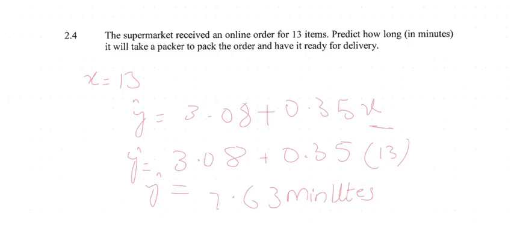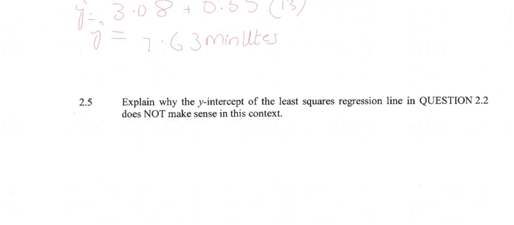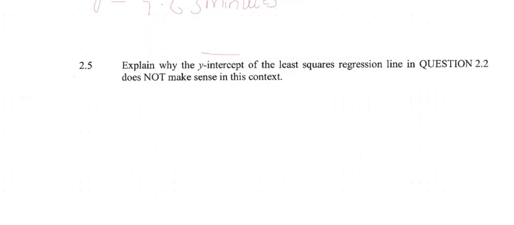So move to the next question, which is 2.5. Explain why the y-intercept of the least square regression line in question 2.2 does not make sense in this context.